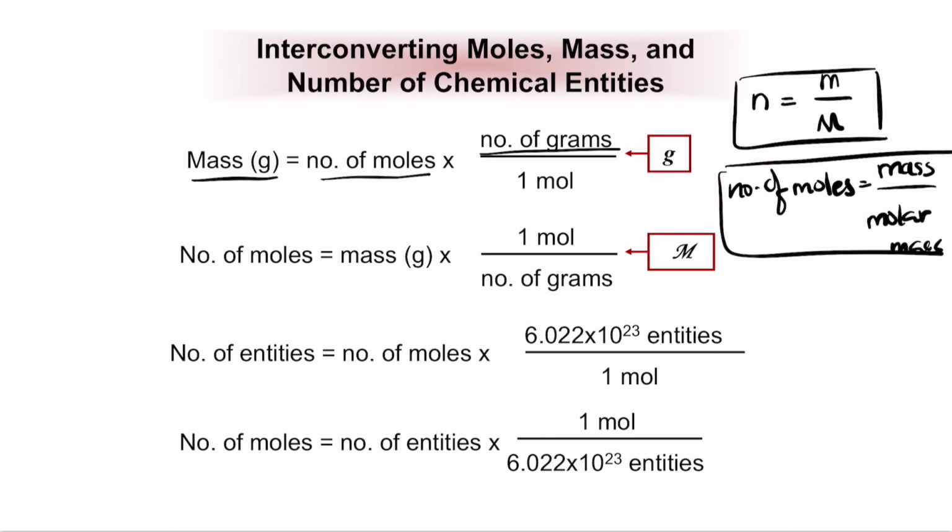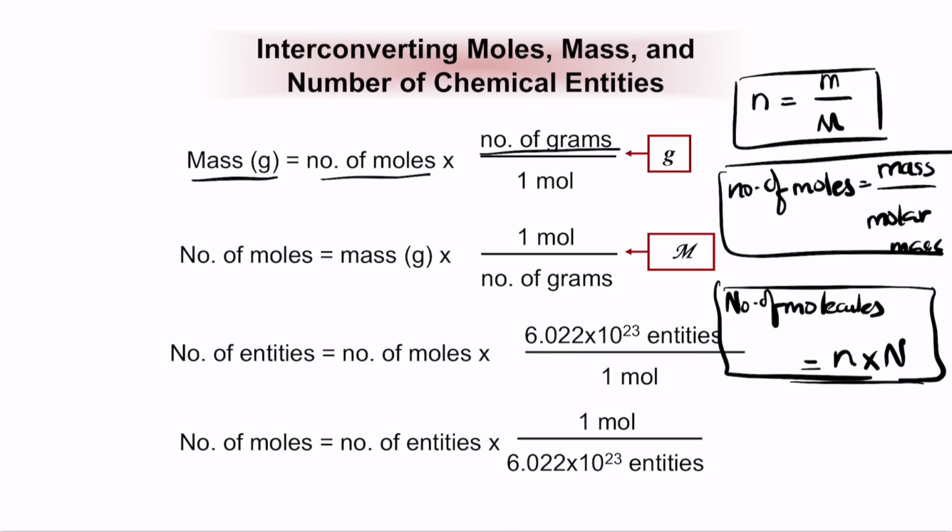If you want to consider the number of molecules, multiply the number of moles with the Avogadro number. That's where you get the number of molecules. And if you have the number of molecules and you want to calculate the number of moles, then we can calculate it by reversing the formula.